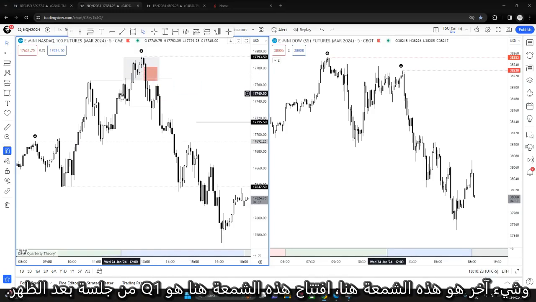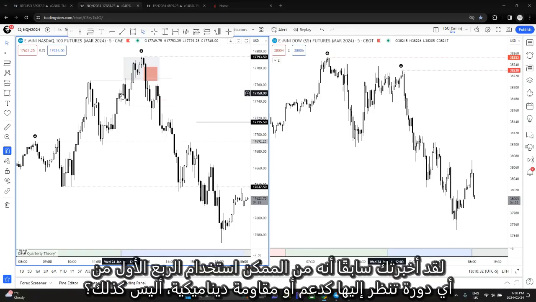And another thing is this candle right here, the opening of this candle right here is Q1 of the afternoon session. Previously, I told you that Q1 of whichever cycle that you're looking at can be used as dynamic support or resistance, right?